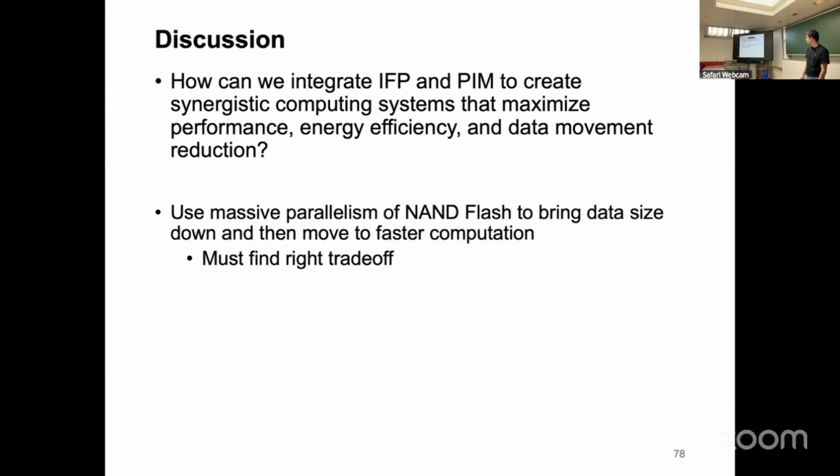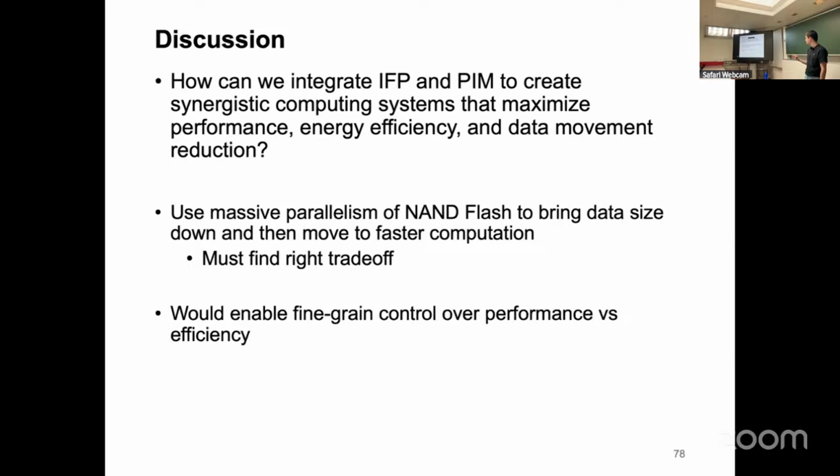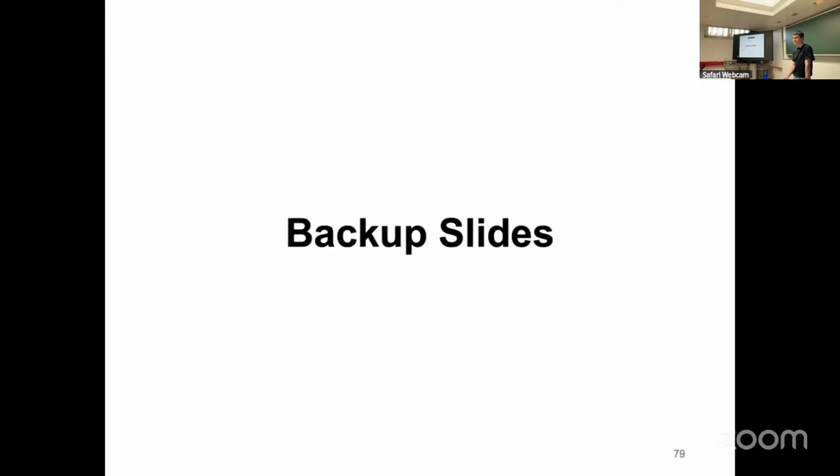It would enable fine-grained control over performance versus efficiency, so we could optimize for one or the other. So that's it. Thank you for your attention. Do you have any other questions?